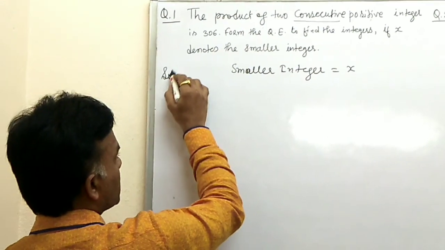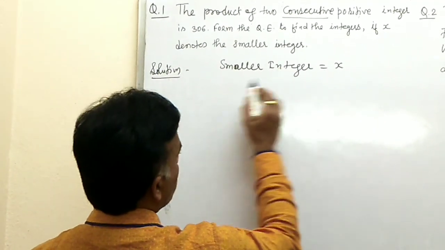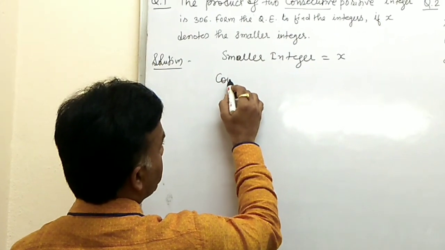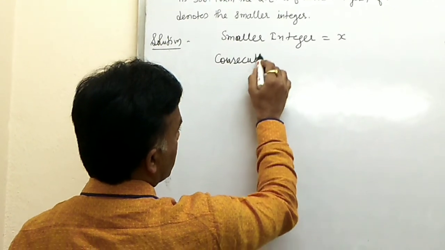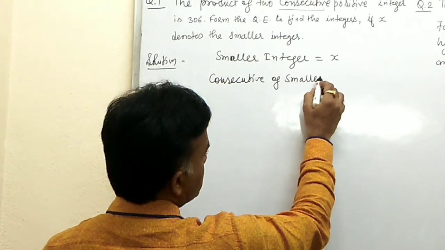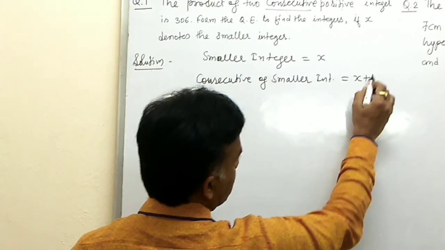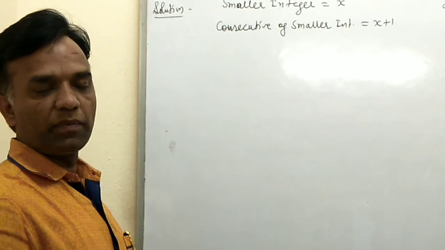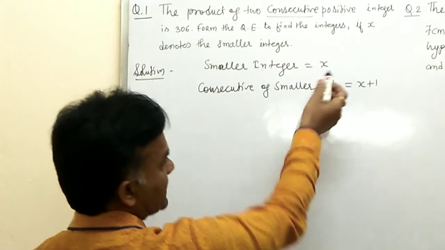The consecutive of the smaller integer is x plus 1, because that is the successor. Successor means you add 1. Now you have both the first and second numbers.